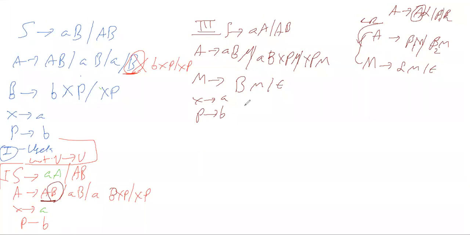How to remove a null production? Assuming that that particular variable is null in all the productions. See here we are having a null production. So we need to remove that. So the resultant grammar, or minimal grammar, after removal of left recursion will look like this.